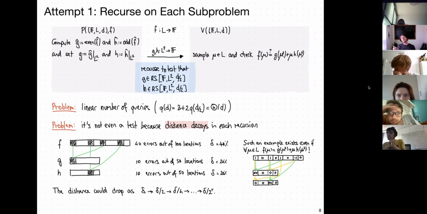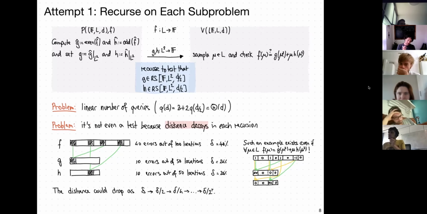But then we reduce the problem to something which is 20% far, and then 1% far, and then 0.1% far. And at the end, we can actually get something which is of low degree, and then we've lost. So if we want to recurse, we have to maintain the level of distance in each stage of the protocol. If we start at 40% far, then in all steps we'll be 40% far.